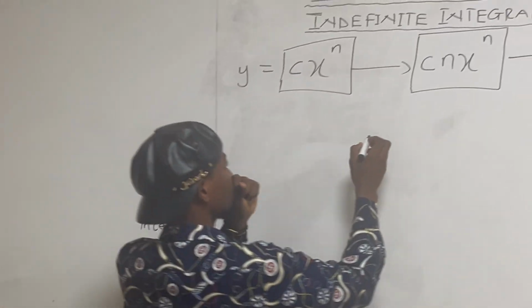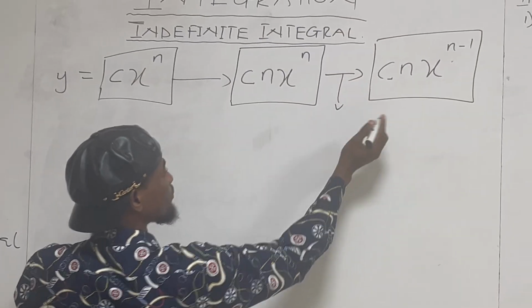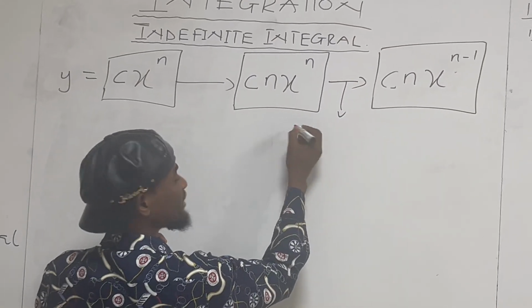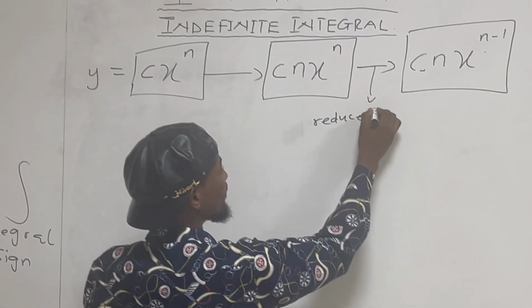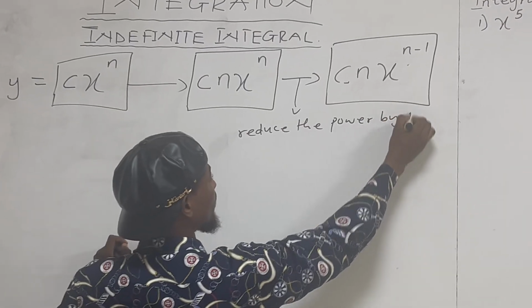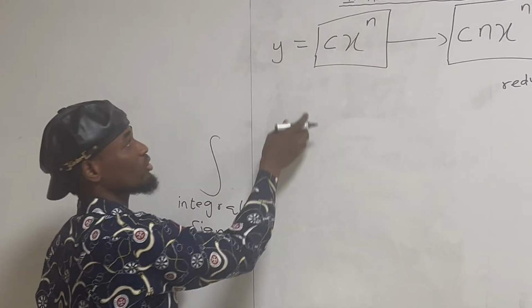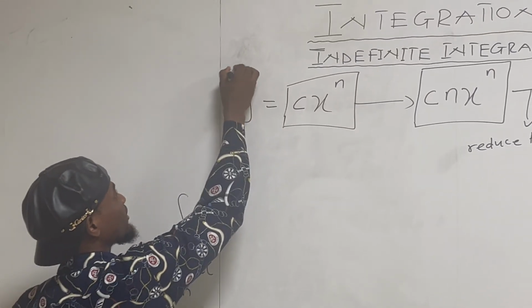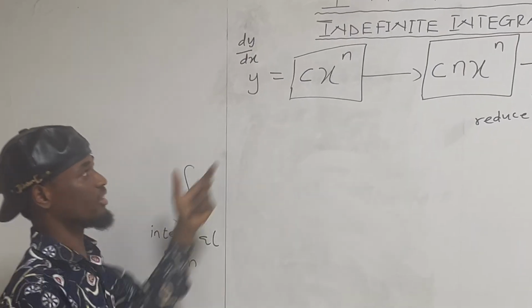So you reduce the power or the exponent by 1. That's it. So we start with dy over dx.